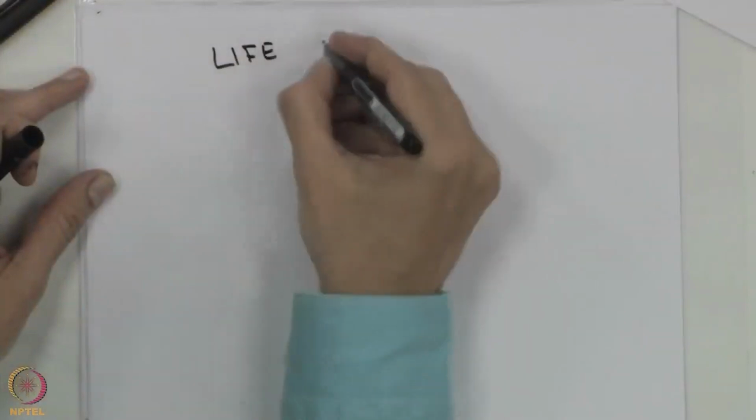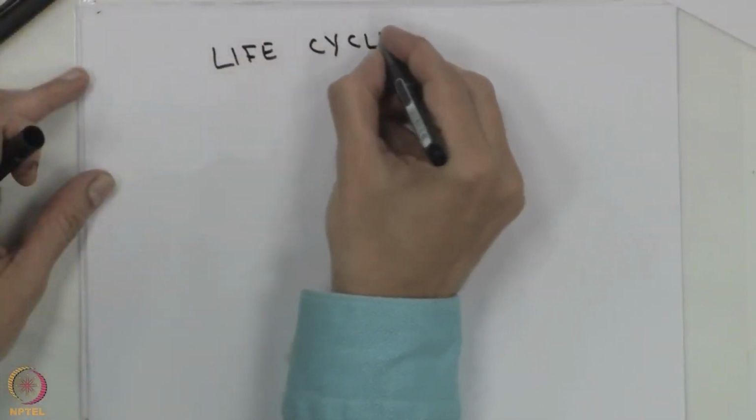So let's move forward, and now let's look at the next concept, which is the concept of the life cycle cost. In the case of life cycle cost, we are looking at the way in which we can get the life cycle cost.